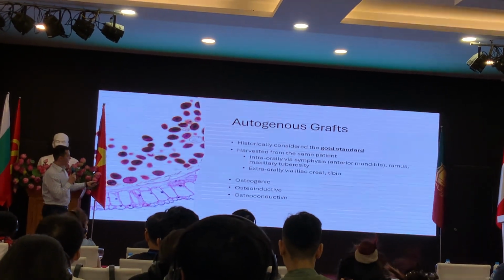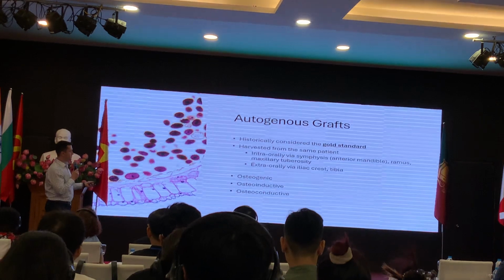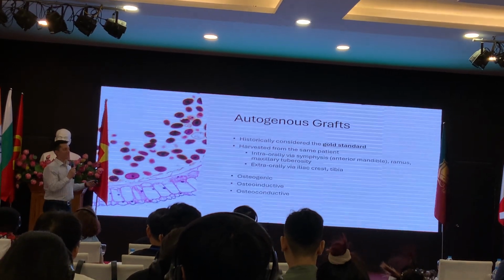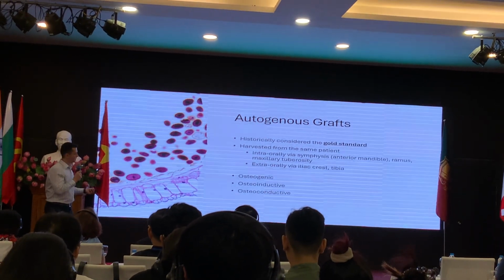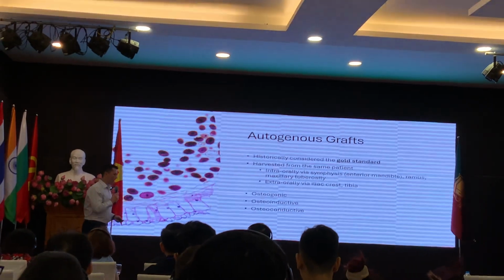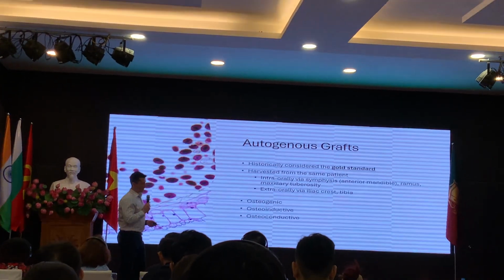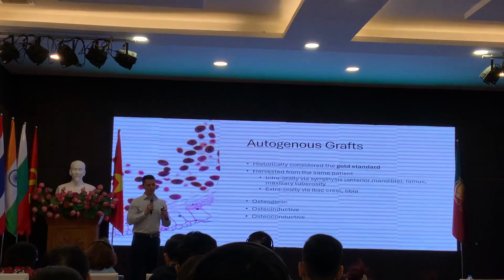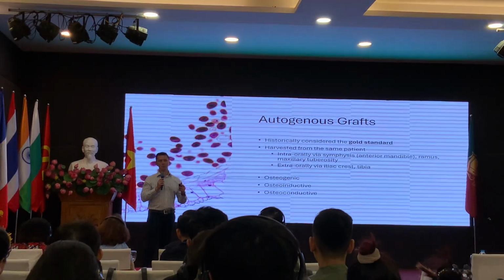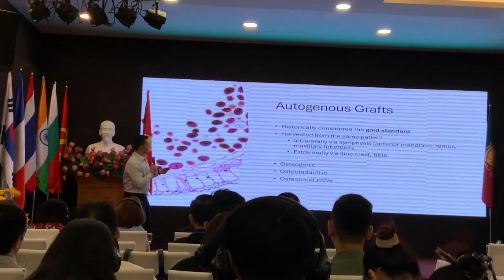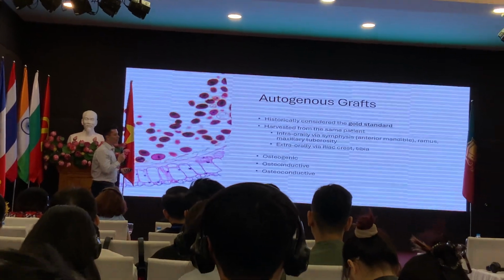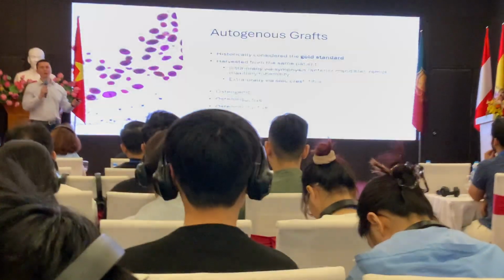So autogenous grafting is a great way to regenerate bone, but it's not without its disadvantages. Already implant surgery is creating injury to the surgical site. When we consider an autogenous graft, where are we going to take the graft from?